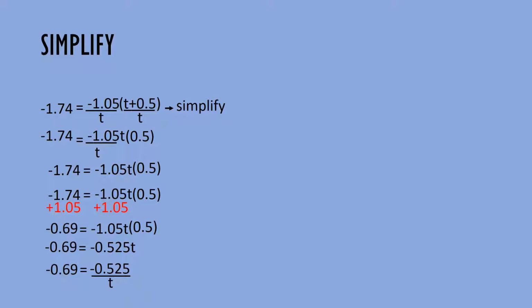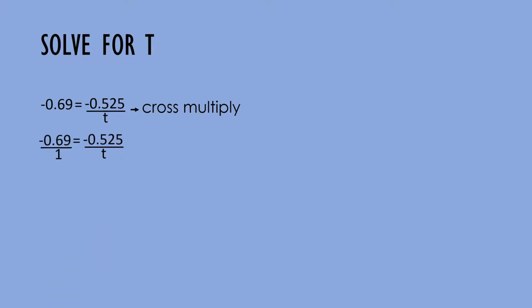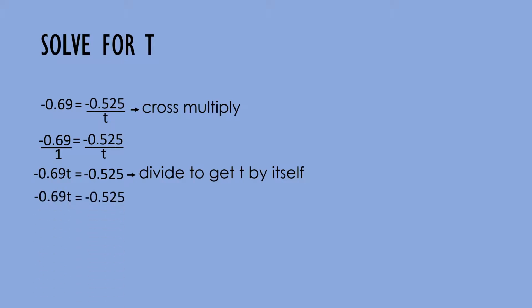Once we have that, we can say that negative 0.69 equals negative 0.525 over T, and we solve for T. We cross multiply in this case, and since there's no number under 0.69, we can say it is over 1. So once we cross multiply, we are given negative 0.69 T equals negative 0.525. To get T by itself, we divide by negative 0.69. That gives us T equals 0.76.